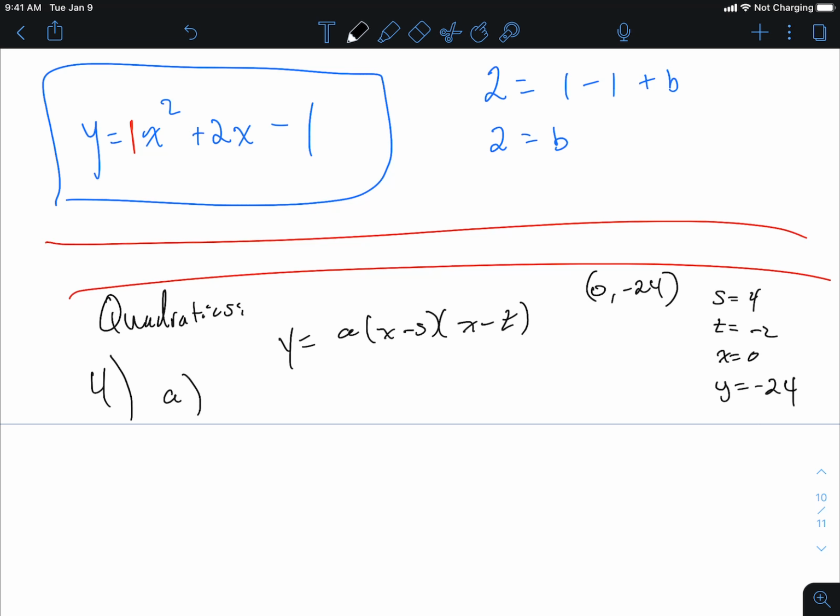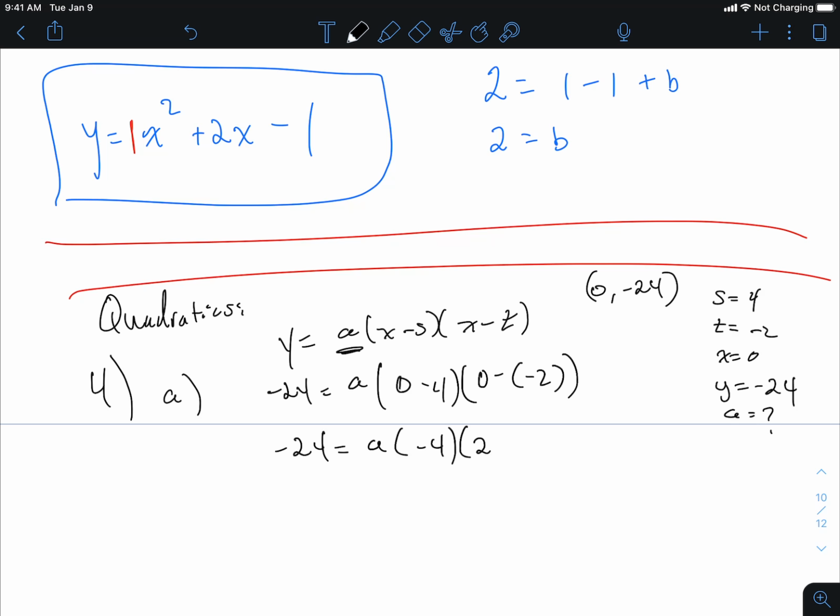What's the one thing I don't know in that question? A. Solve for it. Okay, so you just start plugging stuff in. -24 is equal to a(0 minus 4)(0 minus -2). -24 is equal to a times -4 multiplied by 2.